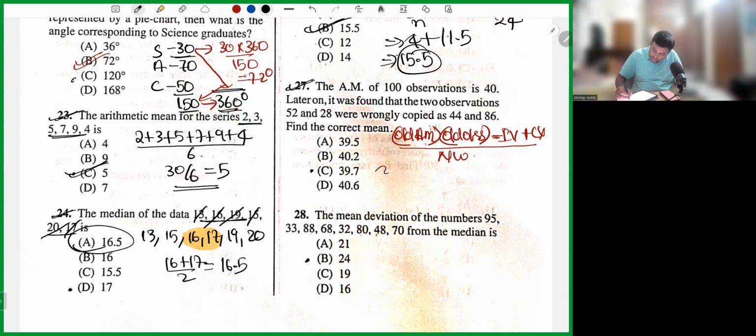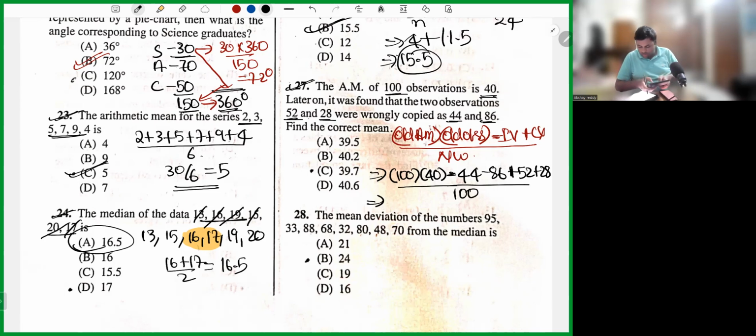Old arithmetic mean into old observations: 100 into 40 minus incorrect value, wrongly copied as 44 and 36. But how much we should take? 52 and 28. Earlier there were 100 people, now also there are 100 people.